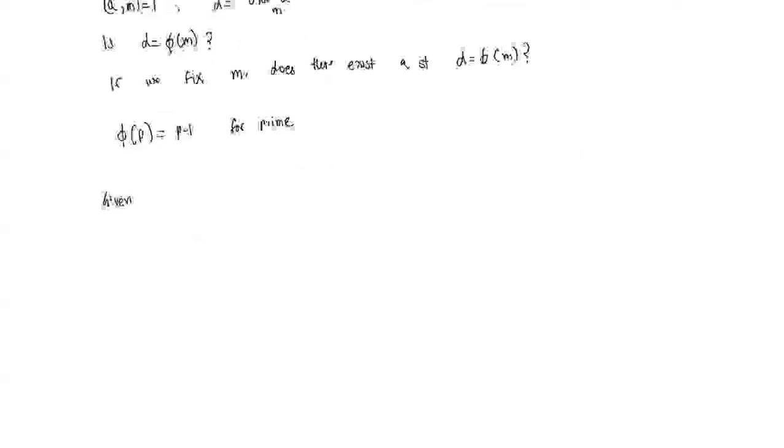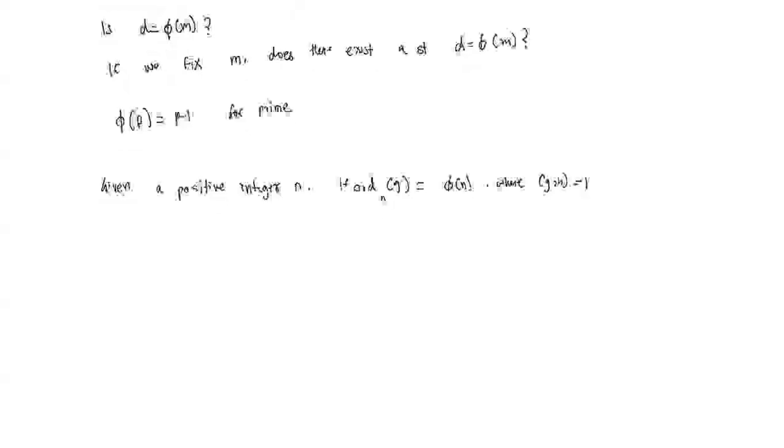Given a positive integer n, if the order of g modulo n is phi of n, where g and n have GCD 1, then g is called a primitive root modulo n, or a primitive root of n.